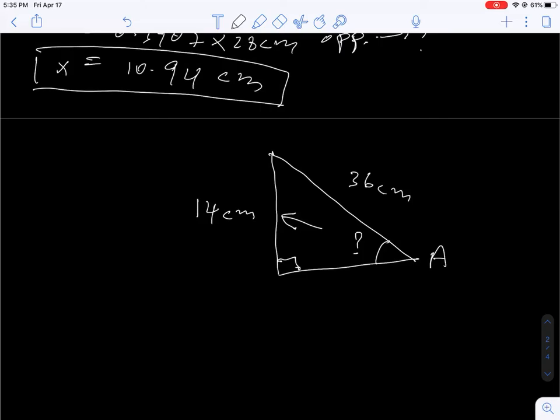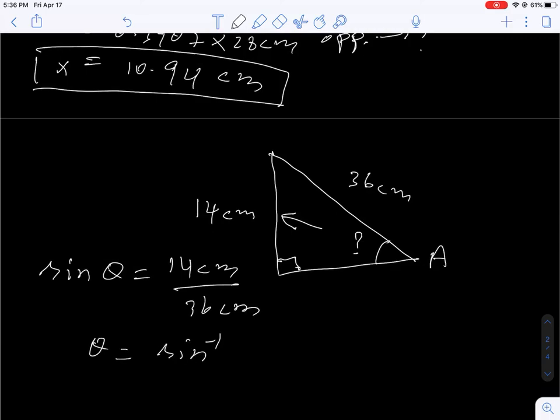Now we'll use these two side lengths to find angle A. So it is sine theta, or you can say sine A, equals opposite, 14 centimeters, divided by 36 centimeters, which is the hypotenuse. We'll say theta equals sine to the power negative 1. We'll take the inverse and we'll divide 14 by 36.